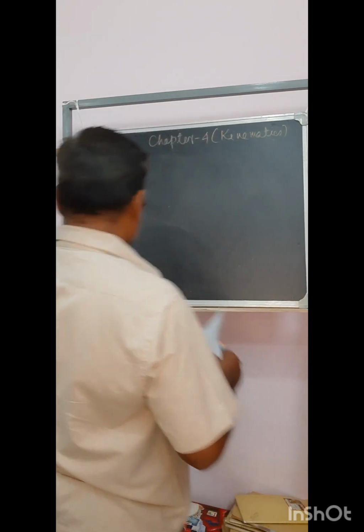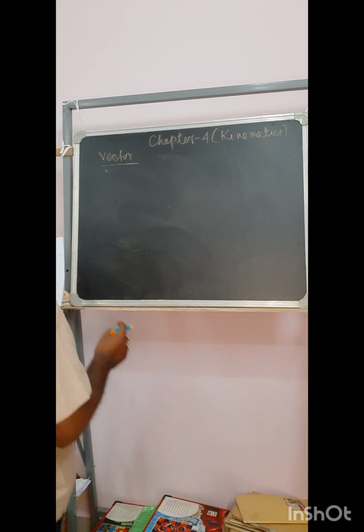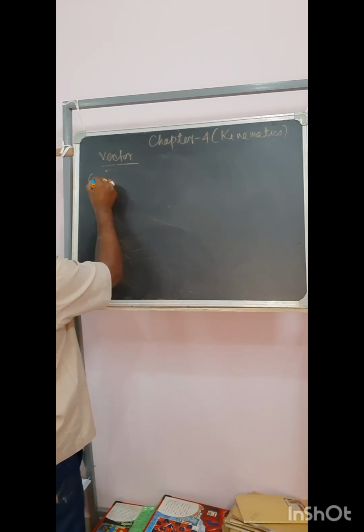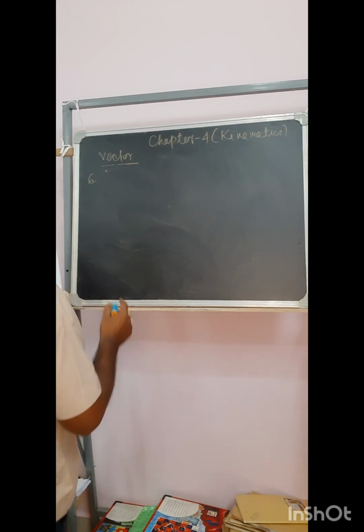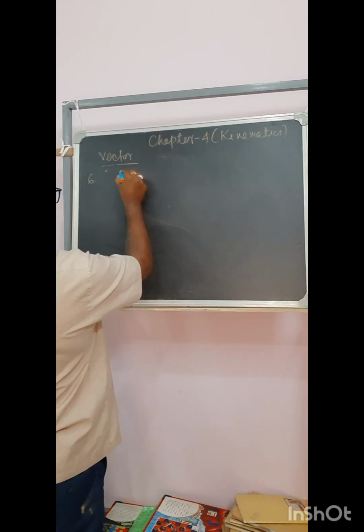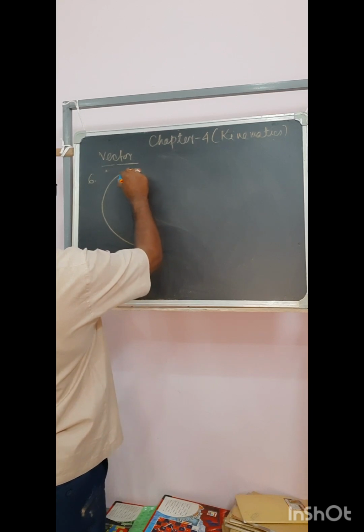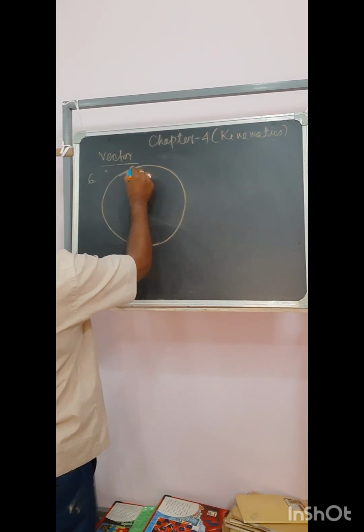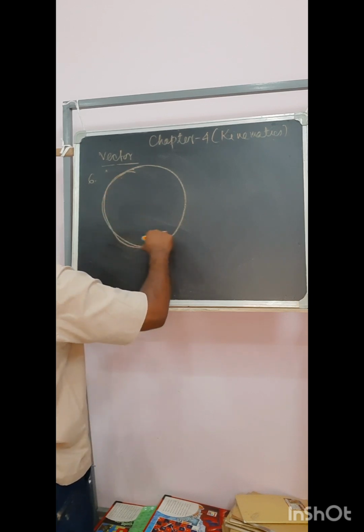Moving to the next problem, 6, says that a motion is there which is in a circular path. The motion is happening in the circular path.